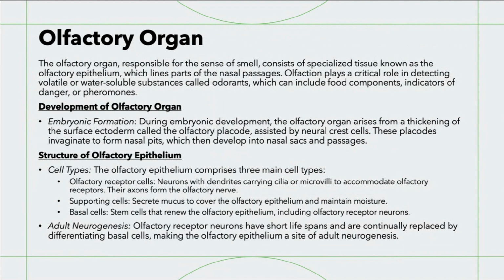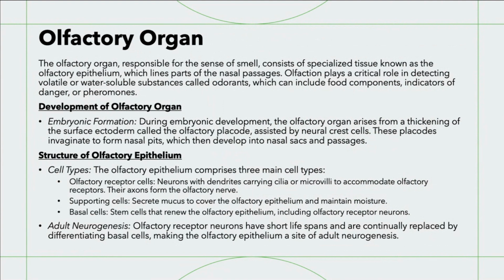So the embryonic formation. In embryonic development, the olfactory organ comes from a thickening of the surface ectoderm called the olfactory placode. And this thickening happens because of the neural crest cells. The neural crest cells, remember, we said that they are important for embryonic induction, as they basically tell the cells around them what to become.